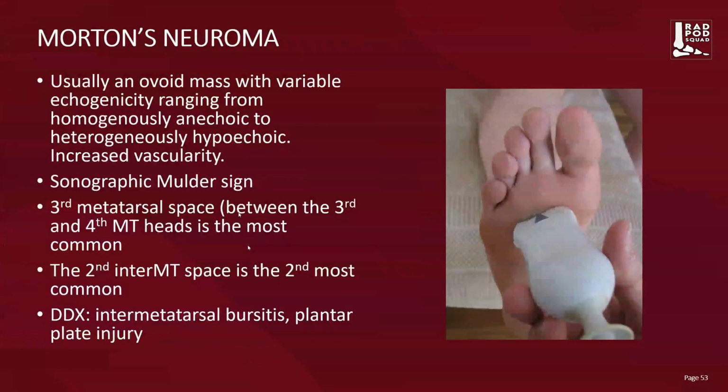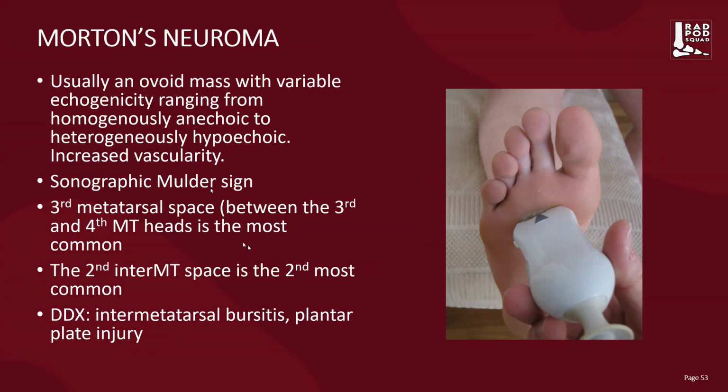pseudoneuroma. The diagnosis of Morton's neuroma is made by identifying an oval mass with variable echogenicity, ranging from homogeneously anechoic to heterogeneously hypoechoic, associated with increased vascularity. We'll look to perform a sonographic Mulder sign, looking most commonly in the third metatarsal space between the third and fourth metatarsal heads, but also at the second intermetatarsal space, with the second most common.